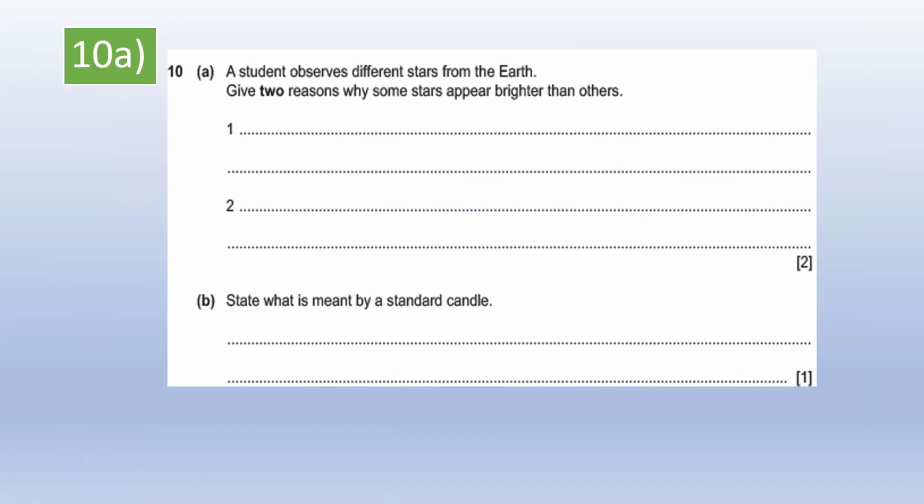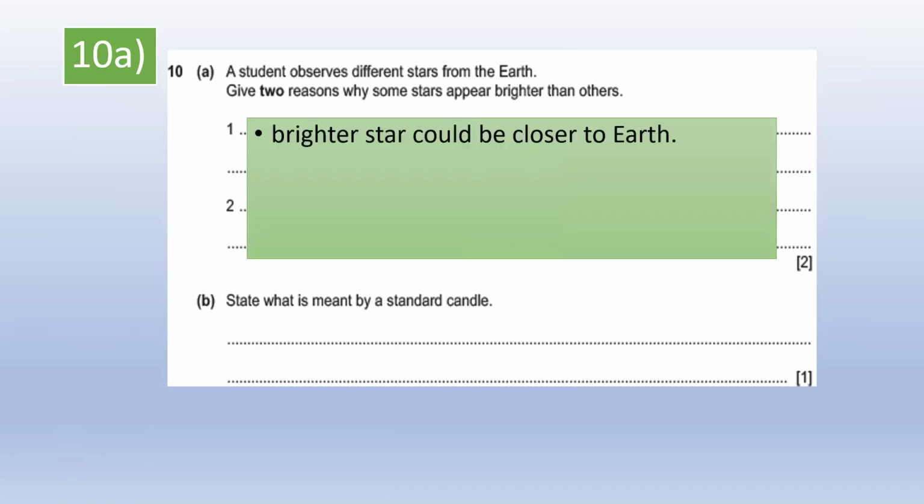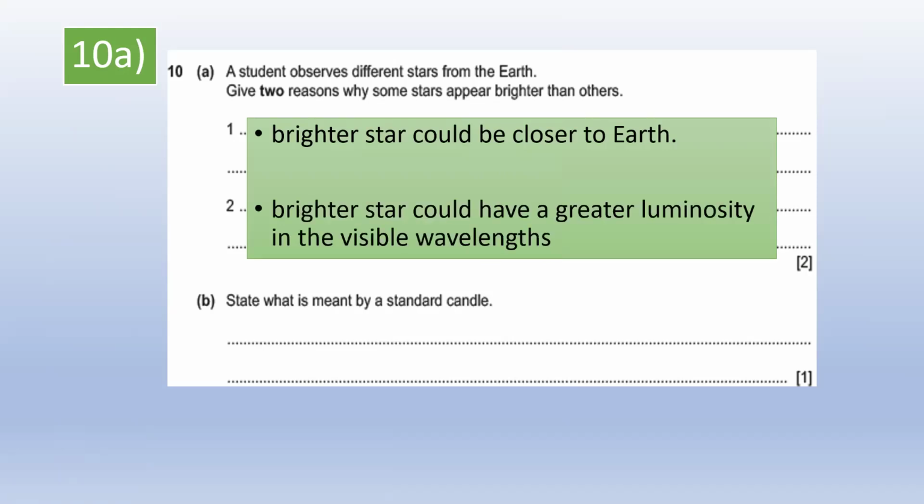Closer, nearer to the observer. Brighter could be closer to the Earth. Brighter could also be due to greater luminosity in the visible wavelength.